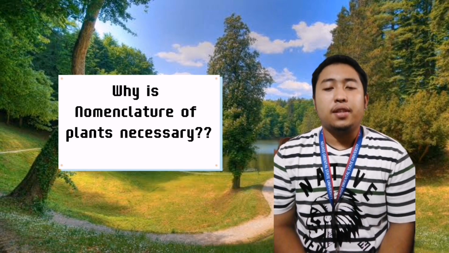So, why is nomenclature of plants necessary? The nomenclature of organisms serves as a channel of communication and clear reference system for the components of biodiversity. The International Code of Botanical Nomenclature, which in theory seeks to have one accurate name for a taxon on the basis of priority of publication, governs the nomenclature of plants.